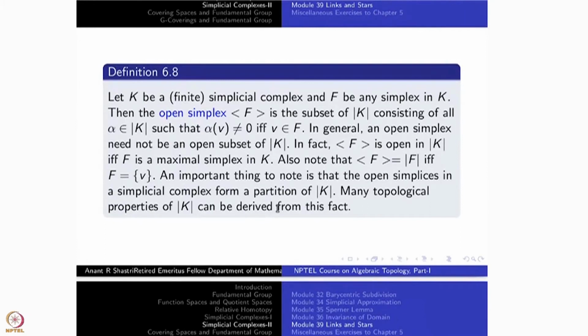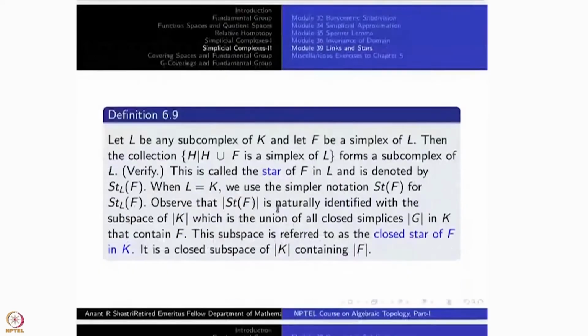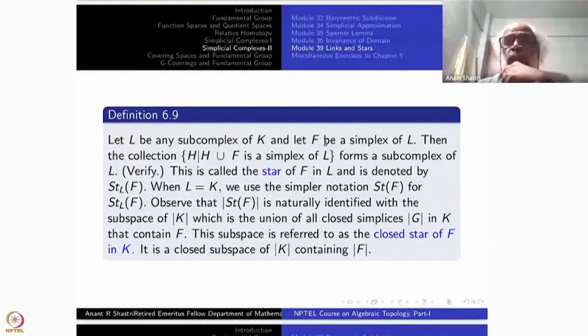Okay. Now let us do a little more. Now take L to be a subcomplex of K and F be inside L. Then look at all simplexes H such that H union F is still a simplex of L. It must be a simplex of L, not of K. Okay, inside L, H union F should be a simplex.